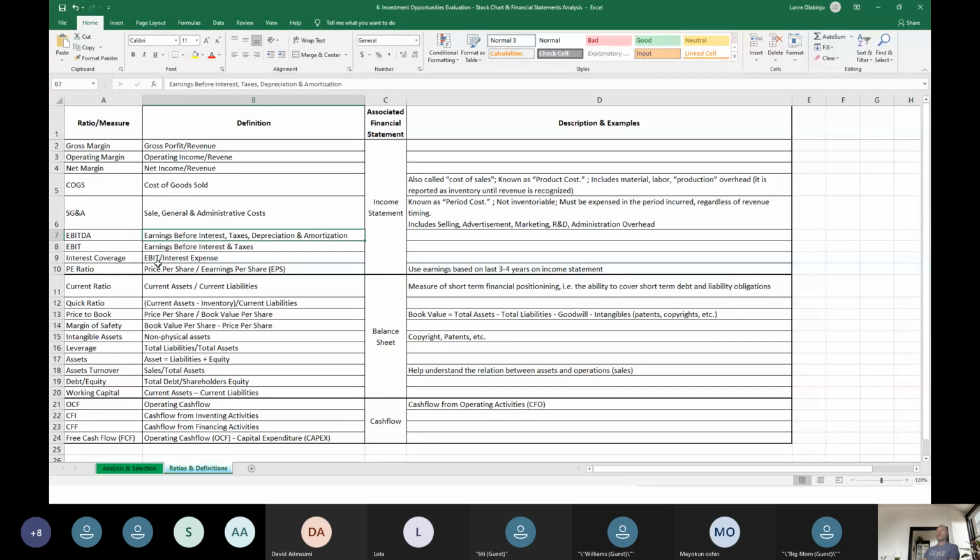They will have less than 1 as their interest coverage. So interest coverage must be greater than 1. In fact, a couple of multiples above 1 to be in good shape. I explained price to earnings ratio earlier on. And ideally, you want to look at the trend of that over time. Okay. We'll do some examples as exercise to make this clearer.